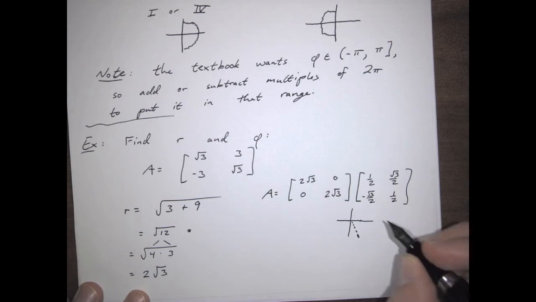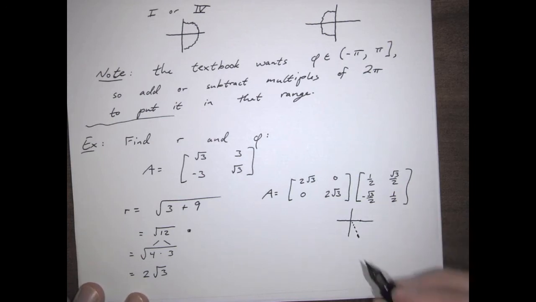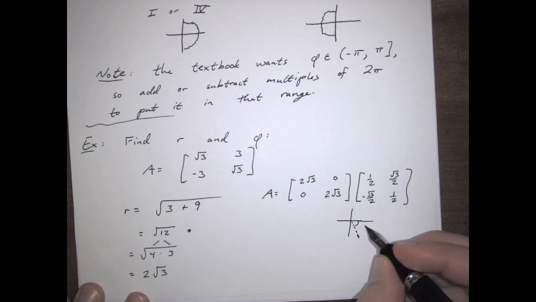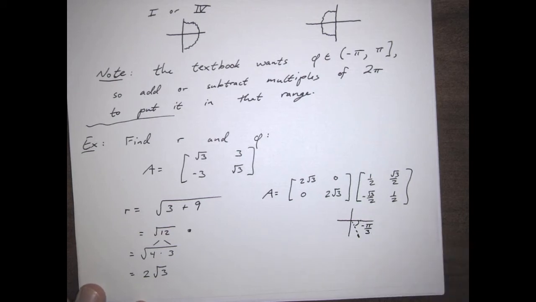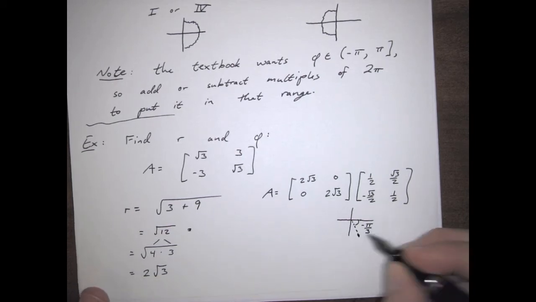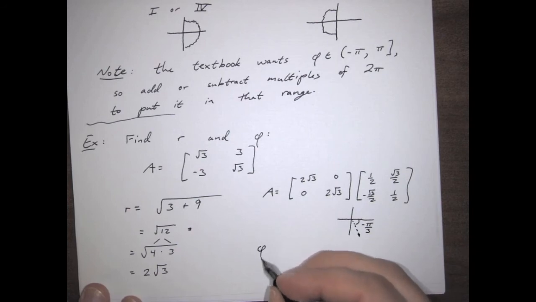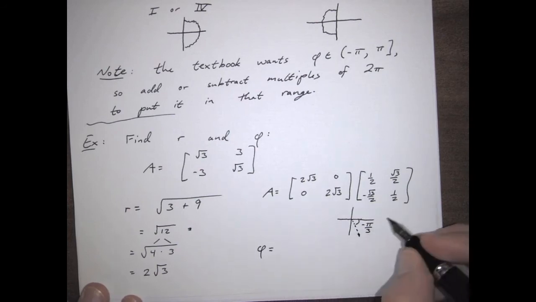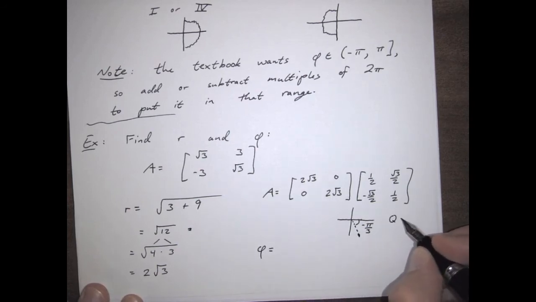So clearly we're talking about the angle that is down there. And so you might actually already know that this is equal to negative pi over 3. But you don't need to know that because we can just say, well, the most important thing about it is that it's quadrant 4.